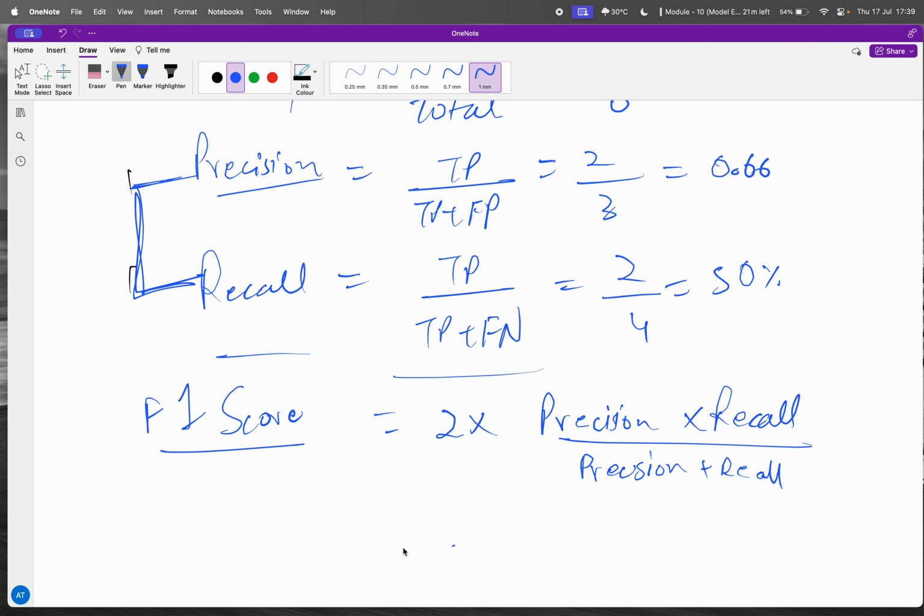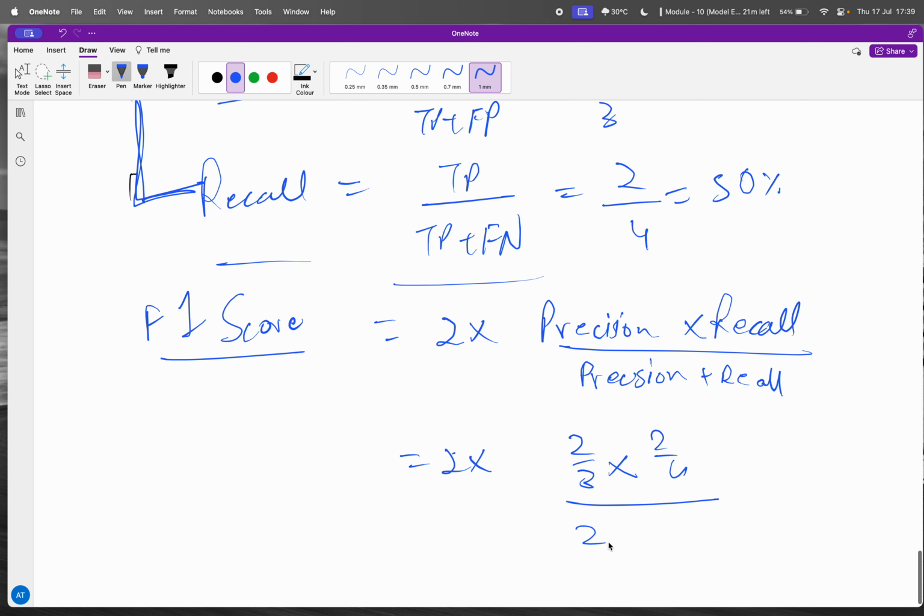So we'll put over here 2 times precision. What is precision? 0.66. So I'll put 2 by 3 multiplied by recall, that is 2 by 4, divided by both of them added, 2 by 3 plus 2 by 4. Okay guys, solve it fast.